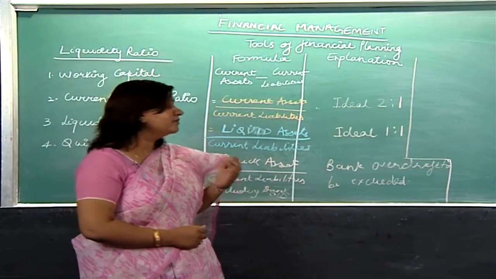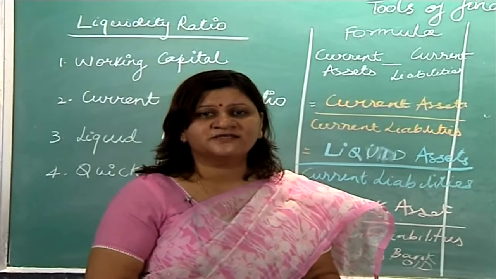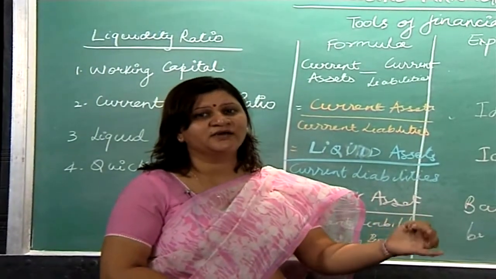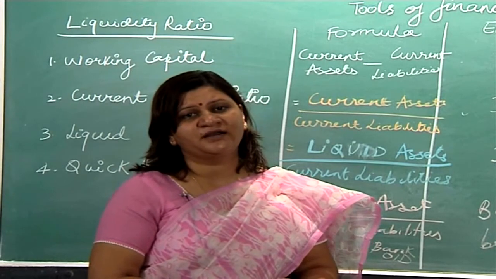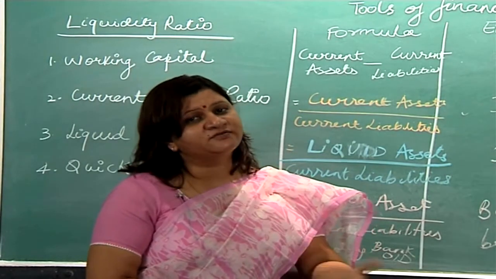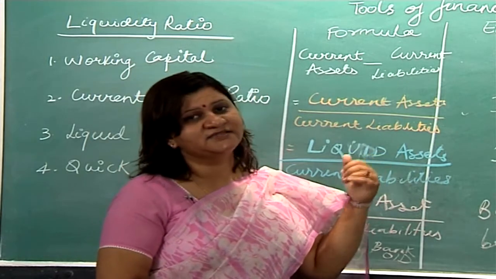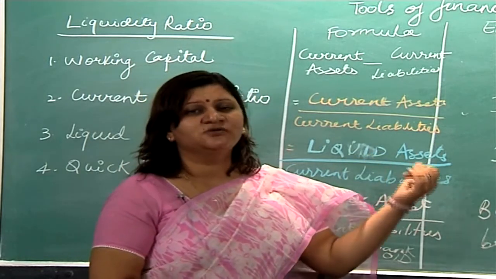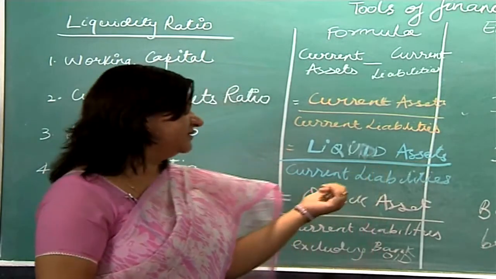So when we talk about liquid assets, we should keep in mind that those assets which we can sell in the market, or from which readily cash comes into our hand, by which we can convert them into cash, we will use those assets as liquid assets. Investments in marketable securities are also liquid assets.